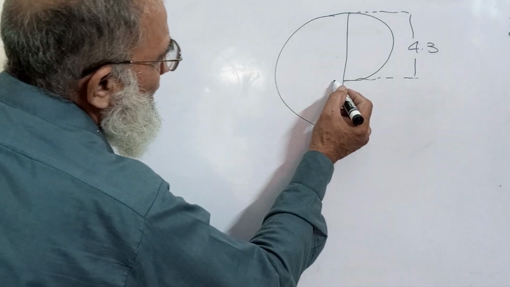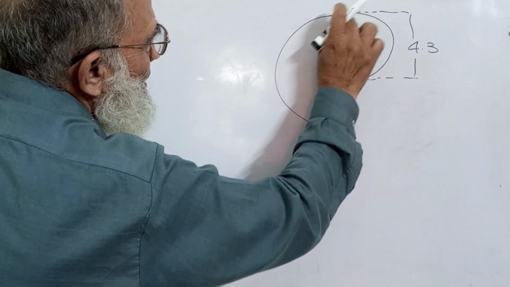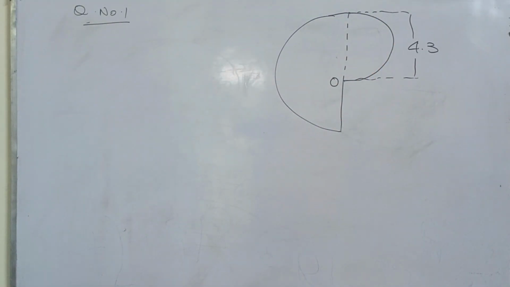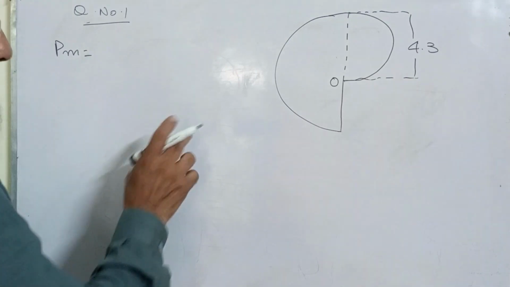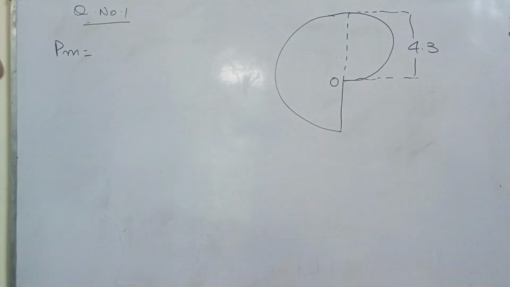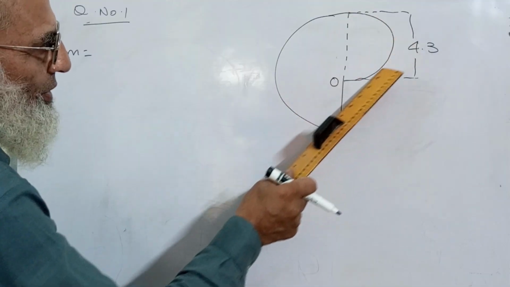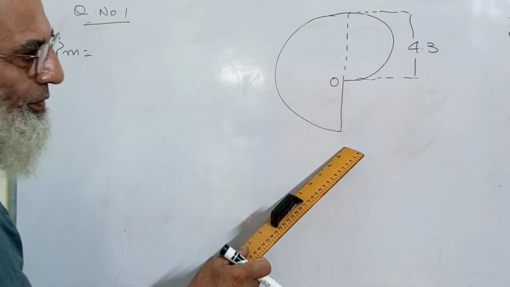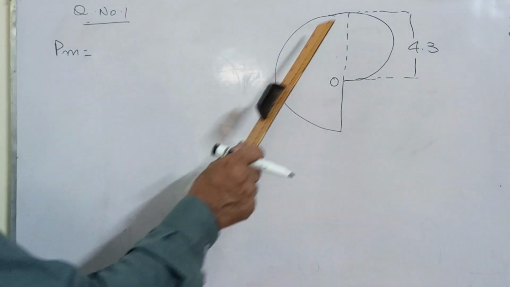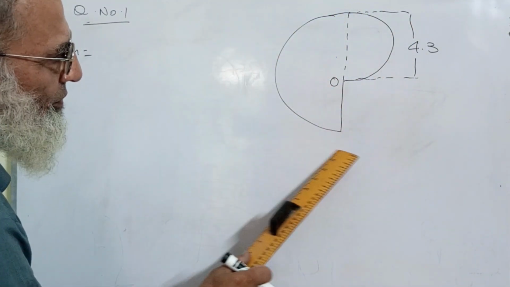Now here O is given and this is the dotted line. So what will we do for perimeter? Just see that the diameter of this small circle is the radius of the larger circle.